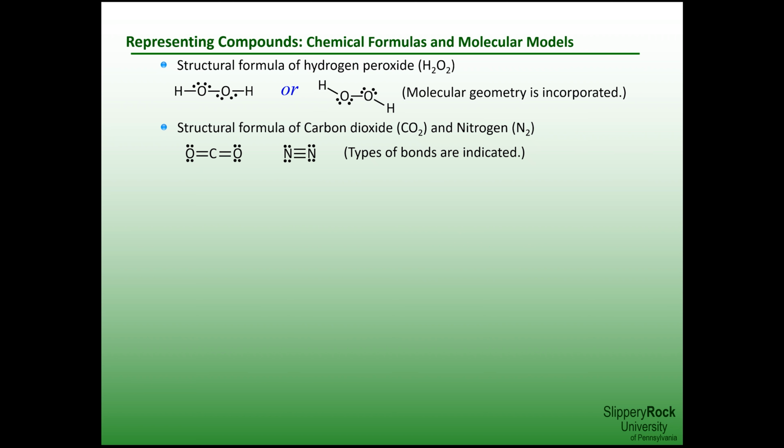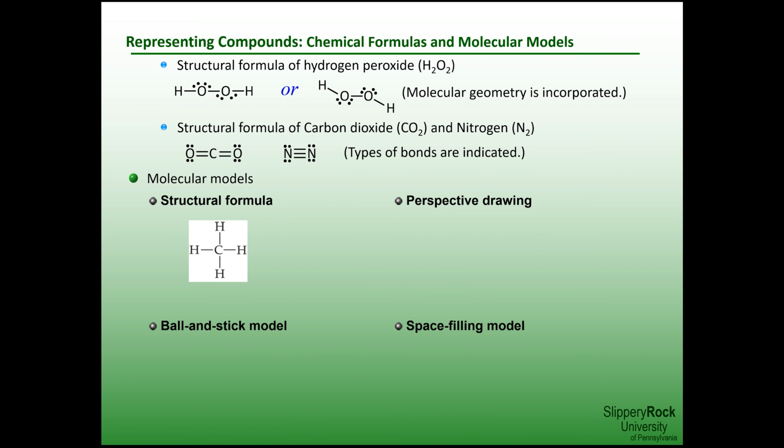To better visualize molecular shape, chemists use molecular models, which represent molecules in different levels of detail. A structural formula shows which atoms are bonded, but not the true three-dimensional arrangement.